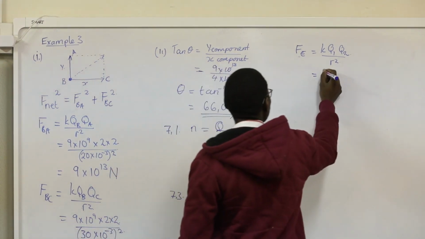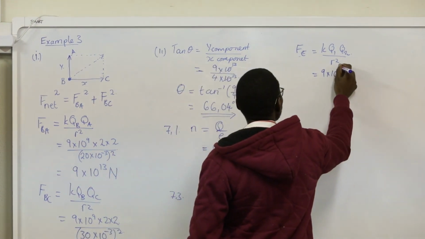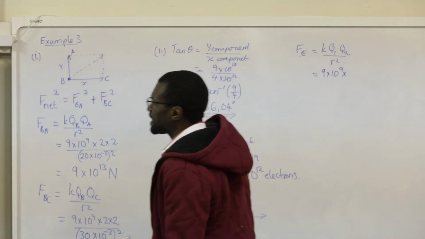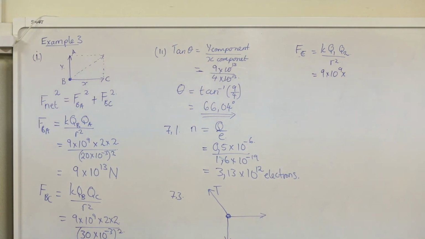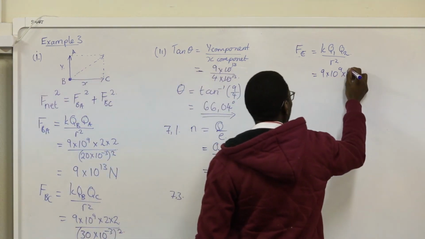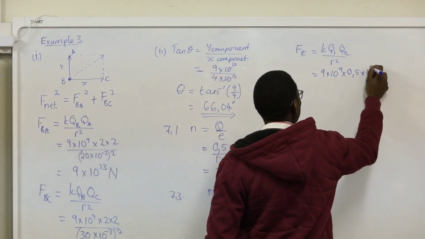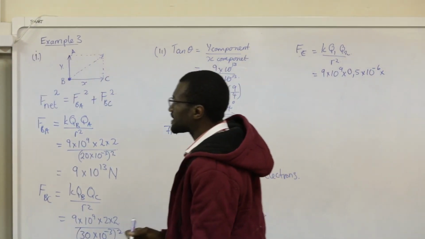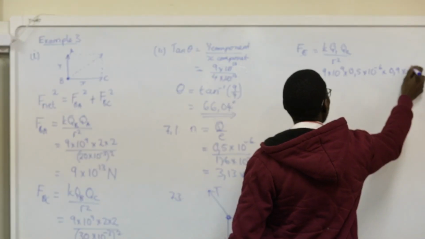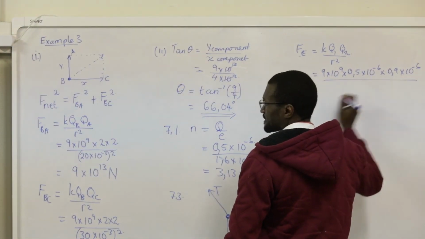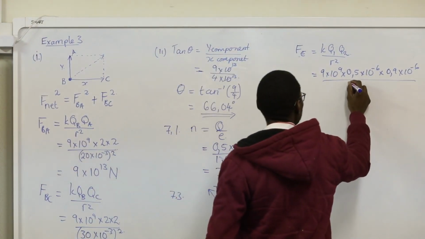And the value of k, as we know, is 9 times 10 to the power of 9, times the value of Q1, which is 0.5 times 10 to the power of negative 6, and the other charge is 0.9 times 10 to the power of negative 6, divided by the distance between them, 20 centimeters.